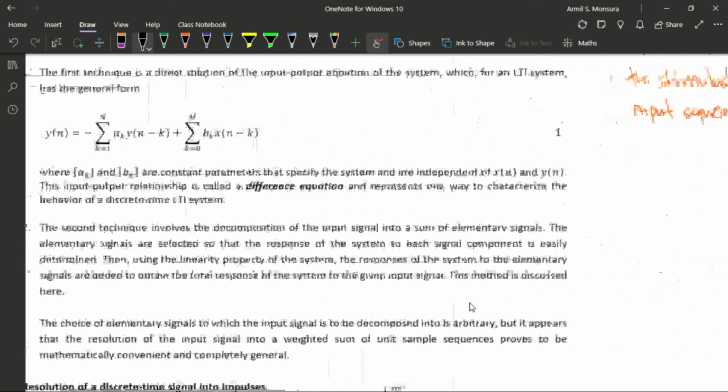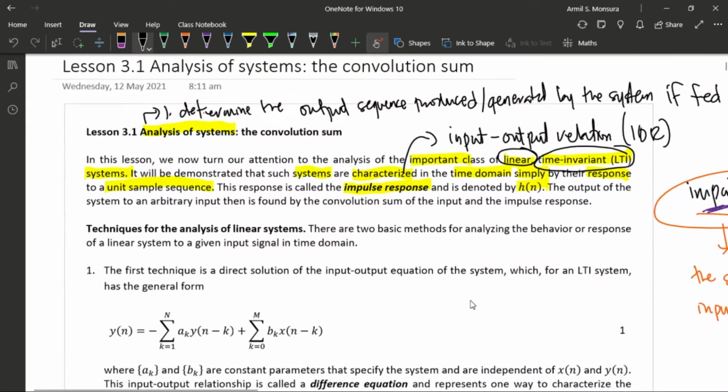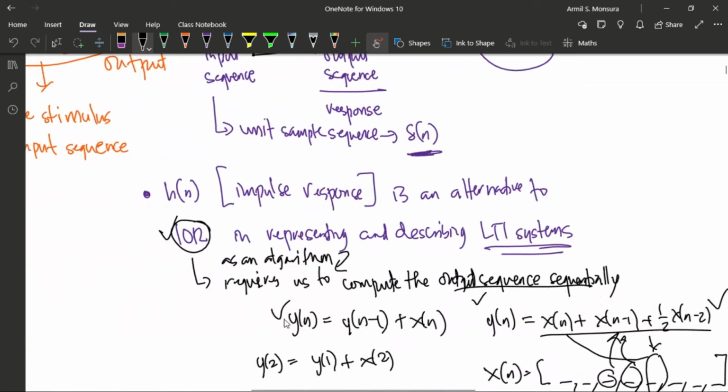Okay? But the thing is that, ang gagawin natin ngayon dito sa lesson, sa topic 3, is essentially to come up, okay, with ways, okay, on how to actually compute the output without the use of IOR. Okay?